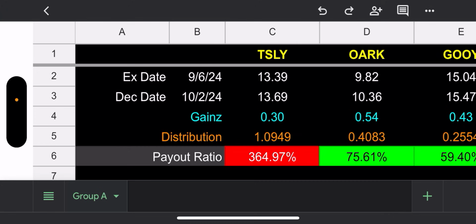You want their income to be much greater than what they're paying out. In this example, I'm showing gains with a Z, of course. You gym people know. They made 30 cents for that 4-week cycle. Obviously, they paid $1.09. That is not a good payout ratio. Anything above 100 means they paid out more than they can afford.